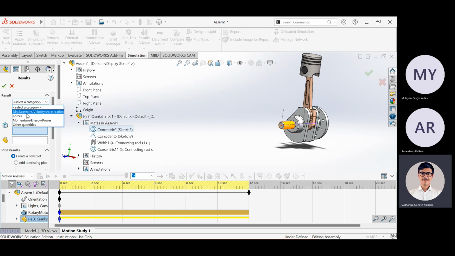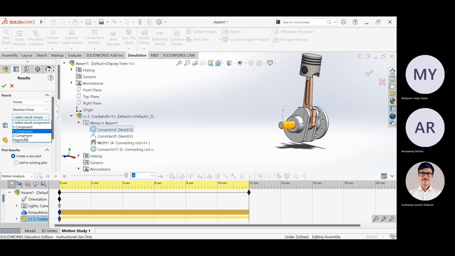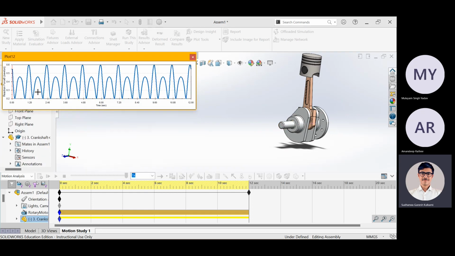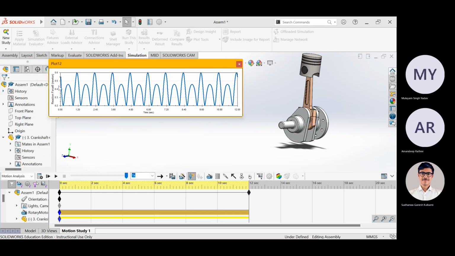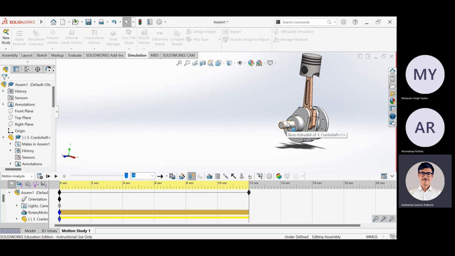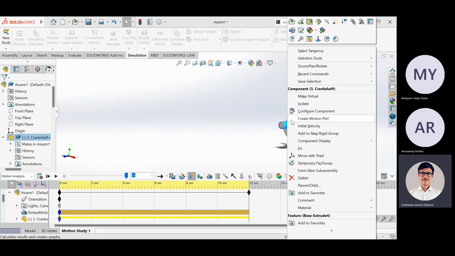Sir, here there are various options out of which we will be choosing forces, next, reaction force, and then magnitude. And as we tick this, we will get this nice graph with constant angular velocity.